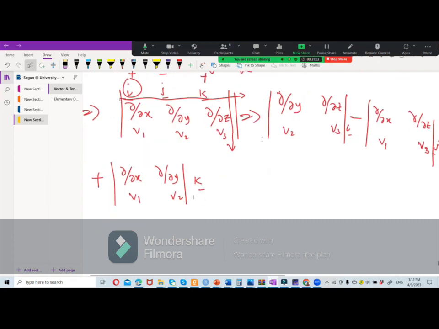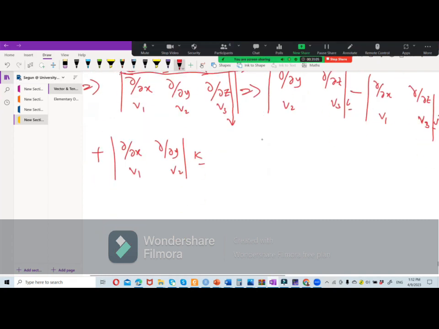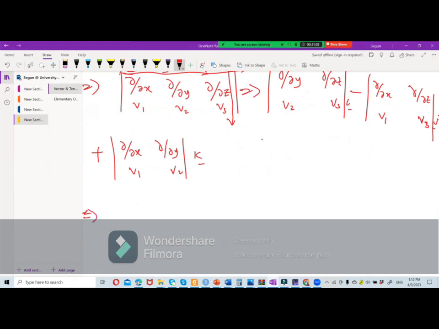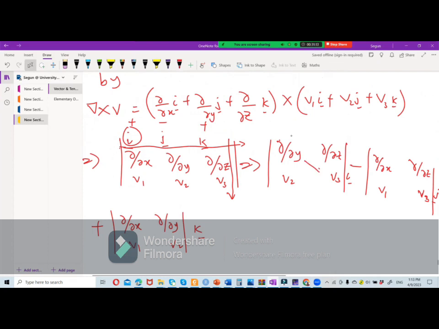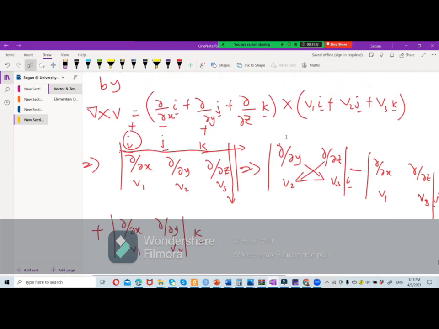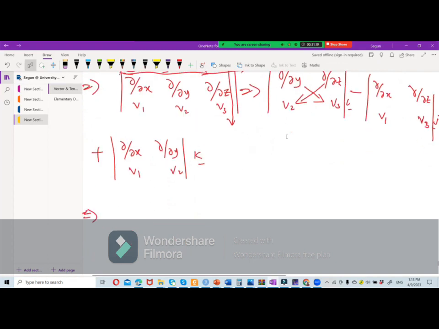So from here, we can now proceed by putting everything together. So this multiplied by this, and this multiplied by this. So we have, in bracket, dv3 dy minus dv2 dz.